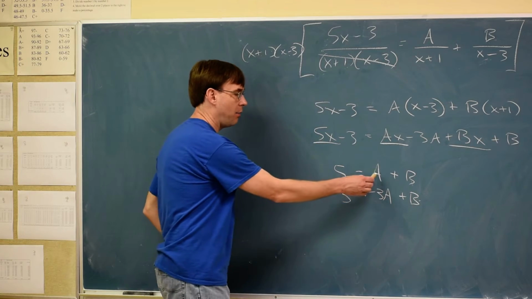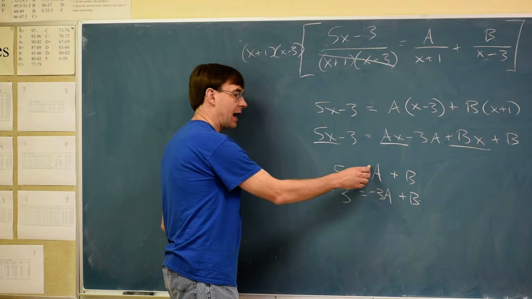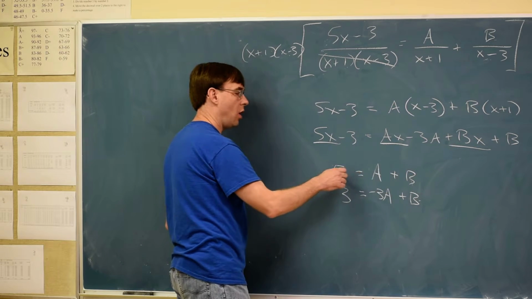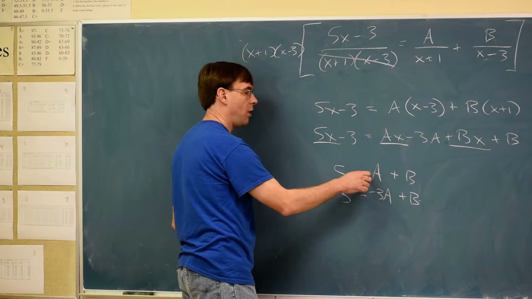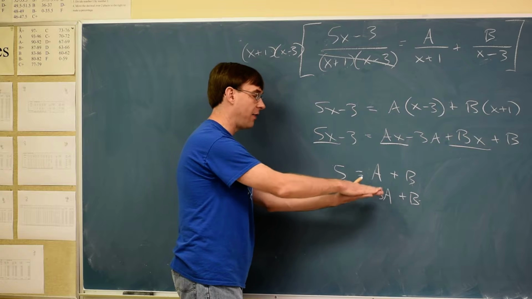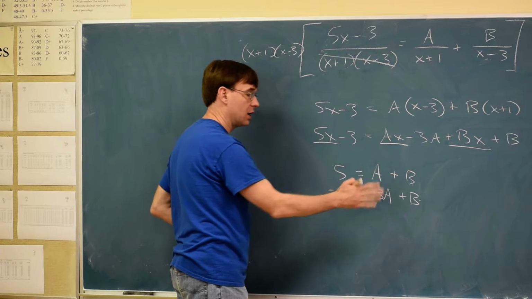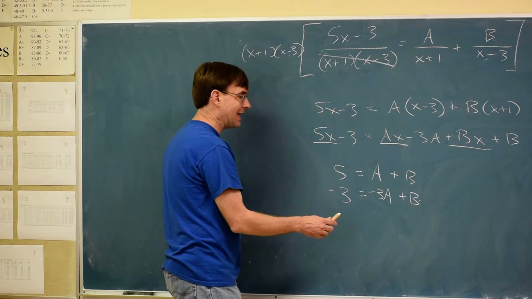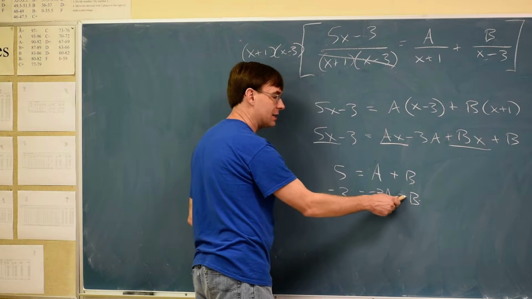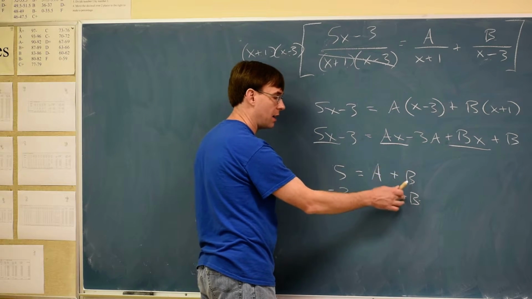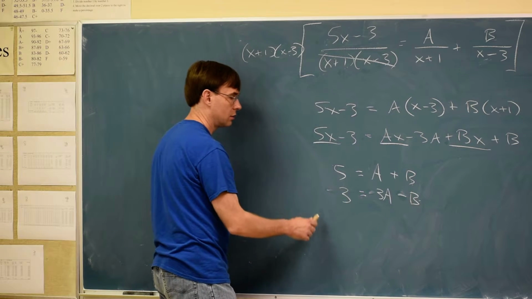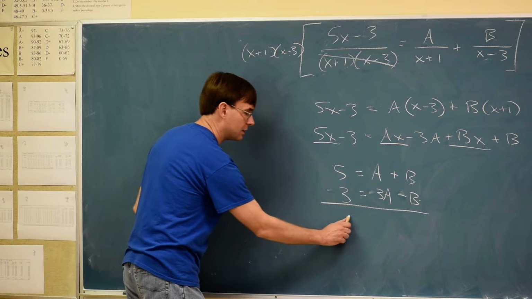If we wanted to bump off these A's, I could write a 3 here by multiplying through the whole problem by 3's. If I multiplied everything in this problem by 3's, I'd be able to add those together and the A's would vanish and I'd be all right. I think it's easier to go after the B's, because to go after the B's, I just need a switch of sign to make my opposites.